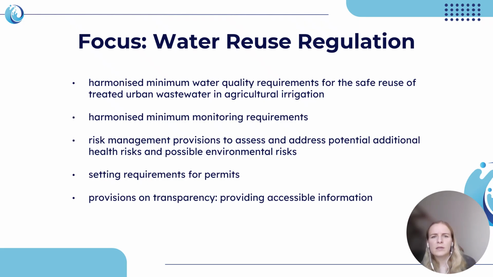Furthermore, it harmonizes minimum monitoring requirements, and there are risk management provisions to assess and address potential additional health risks and possible environmental risks that are currently partially not foreseeable yet, but there's a kind of risk mapping in place to be able to react if there are these additional types of risks.